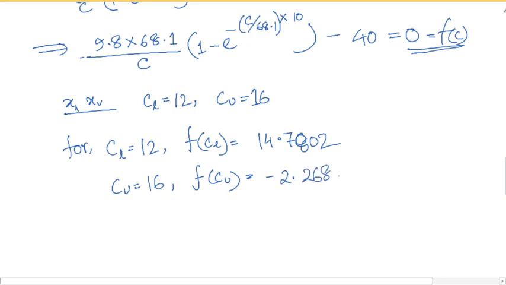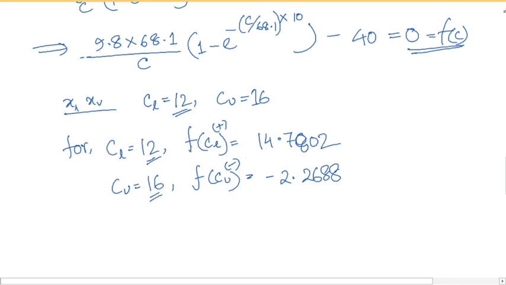2.2688. So this means cl is giving you a positive sign and this is giving you a negative sign, and the lower limit is 12, the least value, and 16 means the highest value.